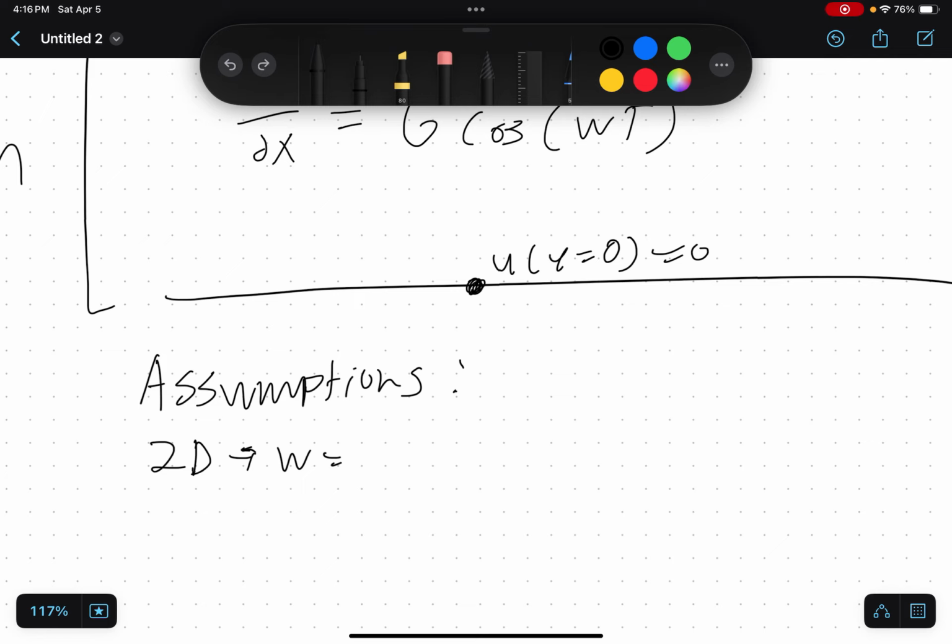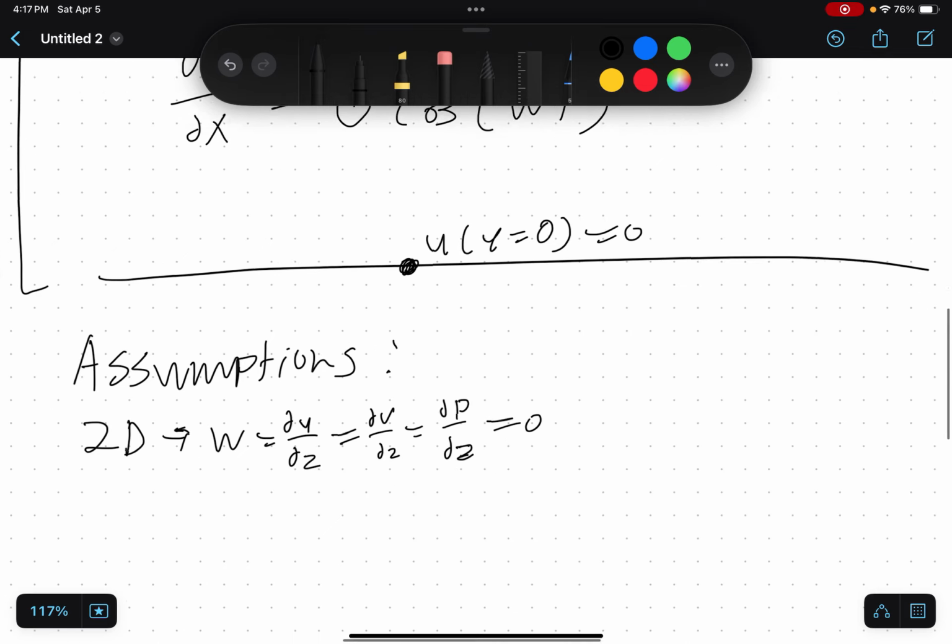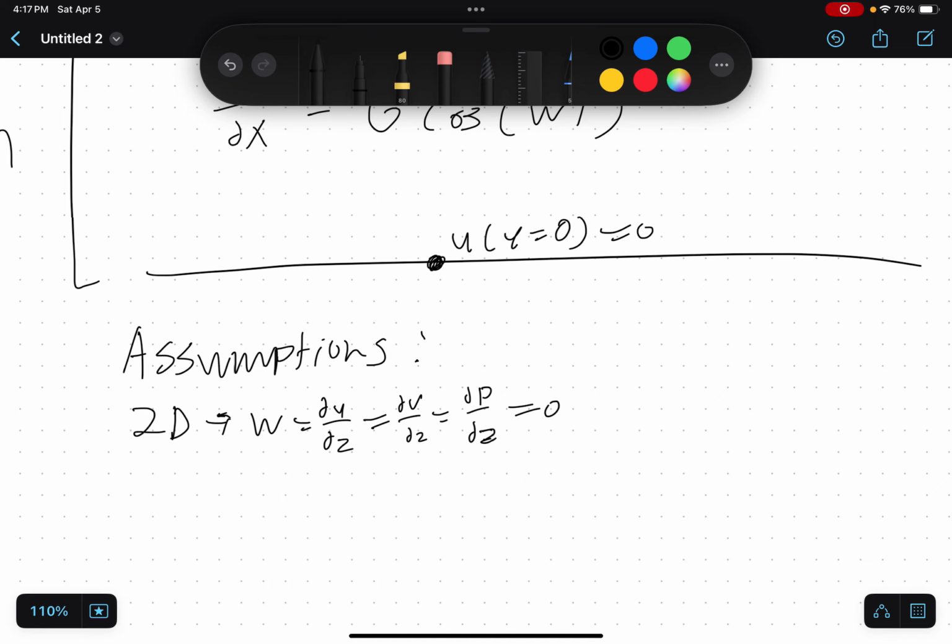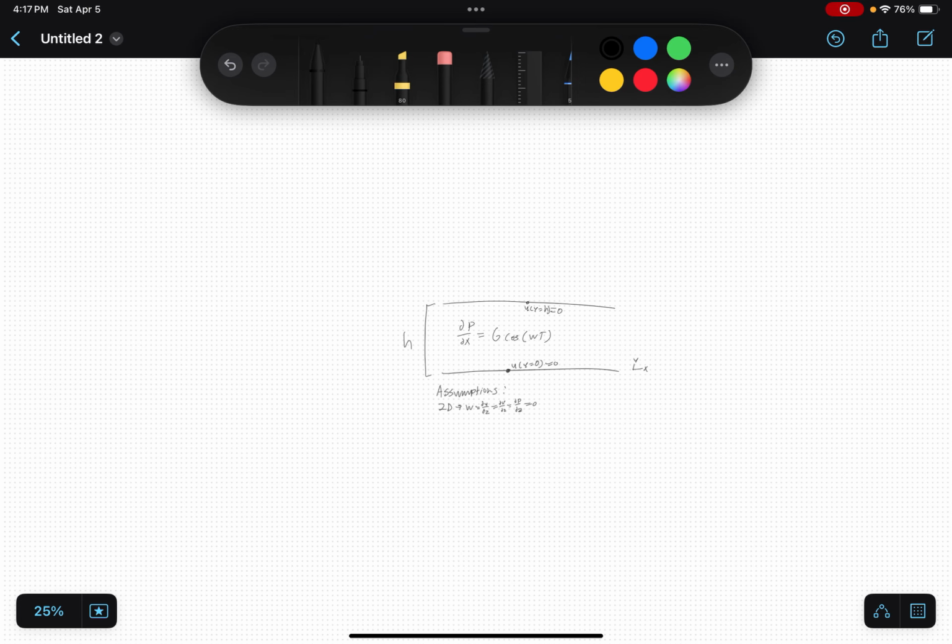My brain is getting fried again. We'll assume dp dz also equals 0. That's the first assumption. Second assumption is, again, fully developed.